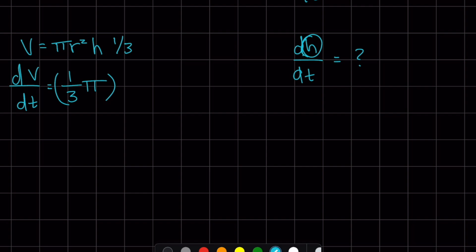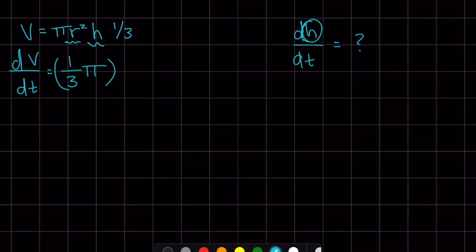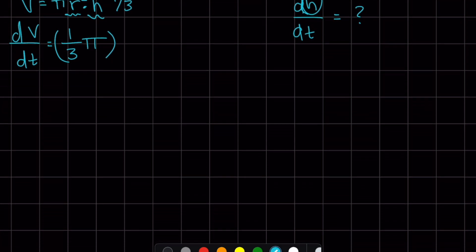And now I need to find the derivative of r squared times h. Since both our radius and our height are changing, they're both counting as variables in this. When we have two variables multiplied to each other, we're going to have to use product rule to solve for this derivative. For product rule, I'm going to define f as r squared and g as h.